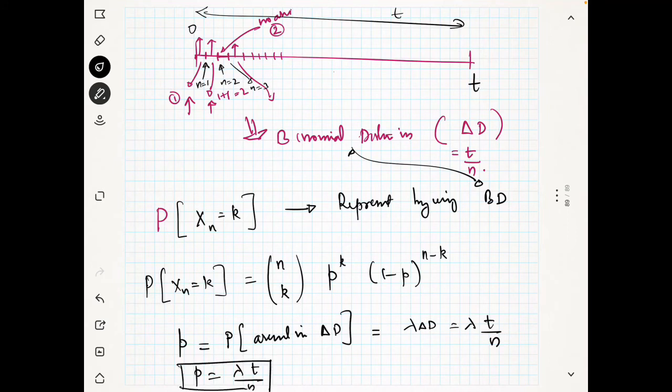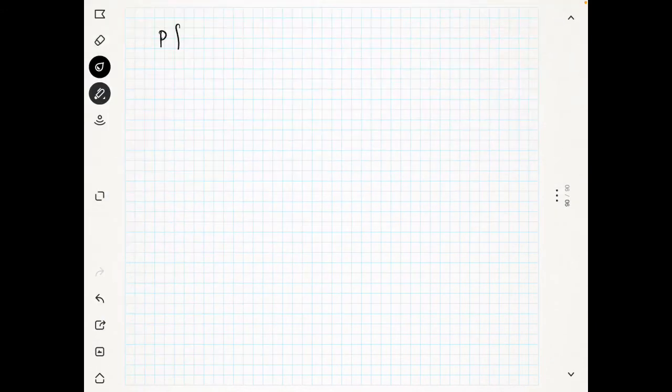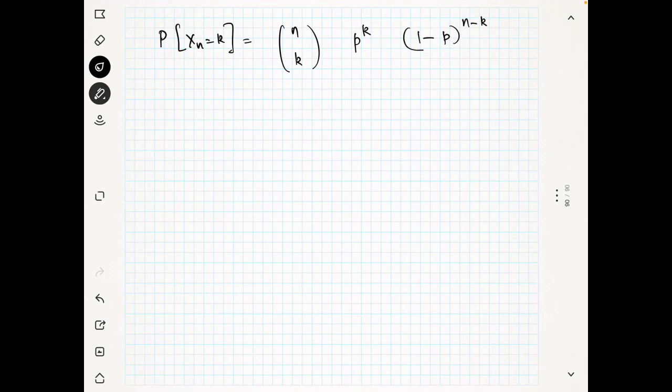Now we will substitute this. The probability that x of n takes the value k is n choose k into p raised to k into 1 minus p whole raised to n minus k, because we are splitting into a total of n blocks.